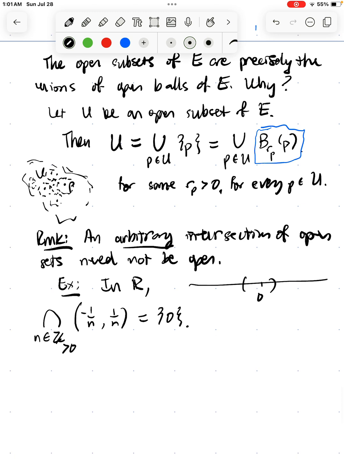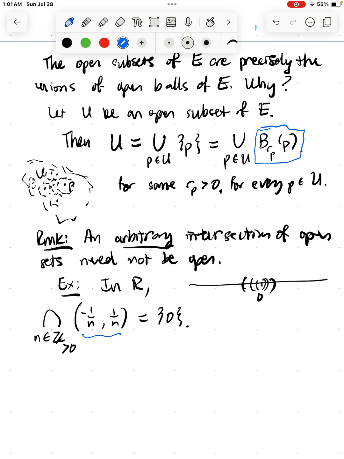Why? I'm taking these intervals and they're getting smaller and smaller, and I'm taking the intersection of all of them. We know that 0 is contained in each of these intervals, so it's contained in the intersection of all of them. Conversely, if you're contained in the intersection of all of them, why must you be 0?